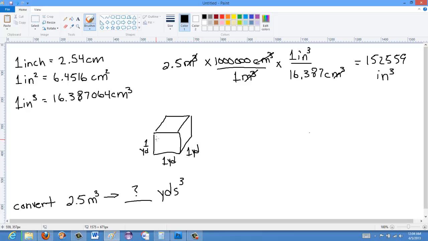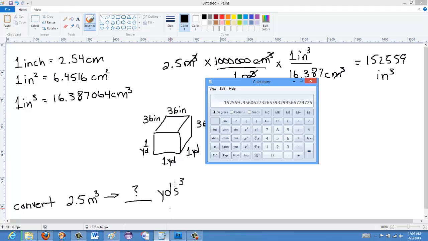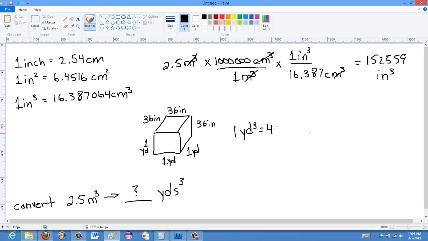And remember that 1 yard is 3 feet, and each foot is 12 inches, so there's 36 inches in a yard. So 36 inches by 36 inches by 36 inches. So 1 cubic yard is equal to 36 cubed, 46,656.